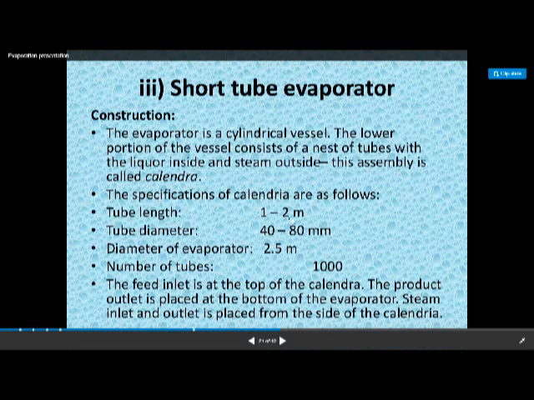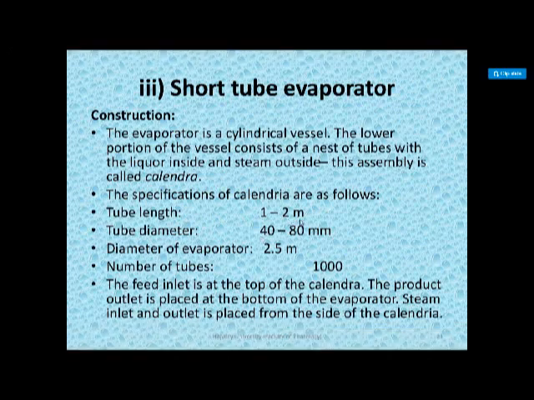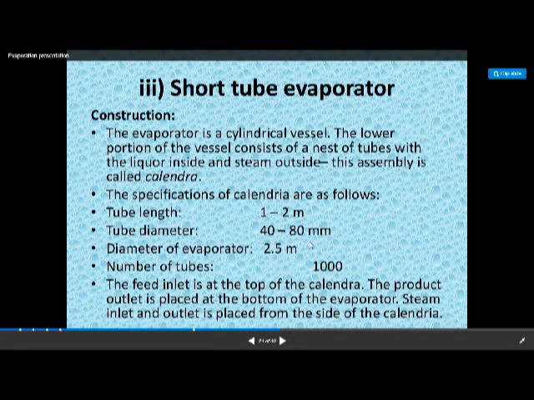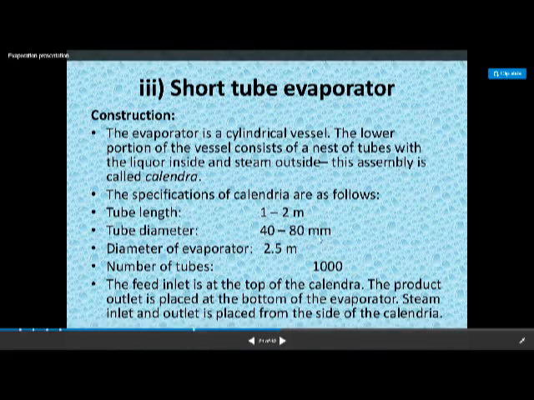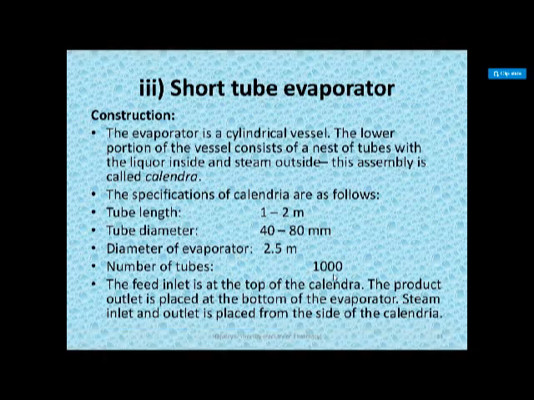Now the specification of this calandria is as follows. The total tube length is 1 to 2 meters, and that length is divided into smaller portions. The diameter of the tube is 40 to 80 millimeters, and the diameter of this evaporator is 2.5 meters. The total number of tubes is near about 1000, and the length to diameter ratio is 15:1.